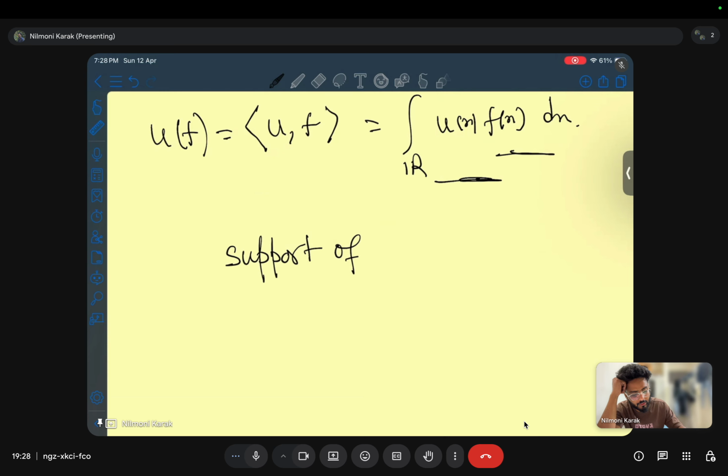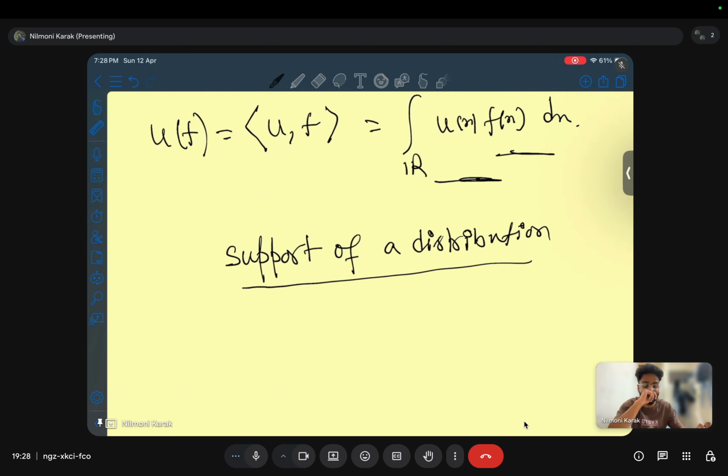So take u from R^n to C, a complex valued function.